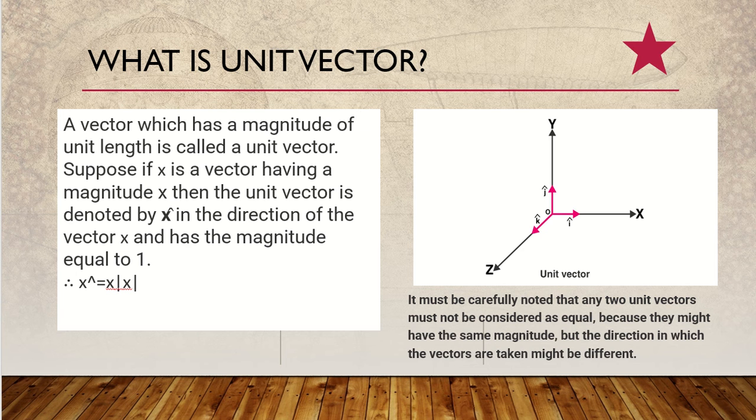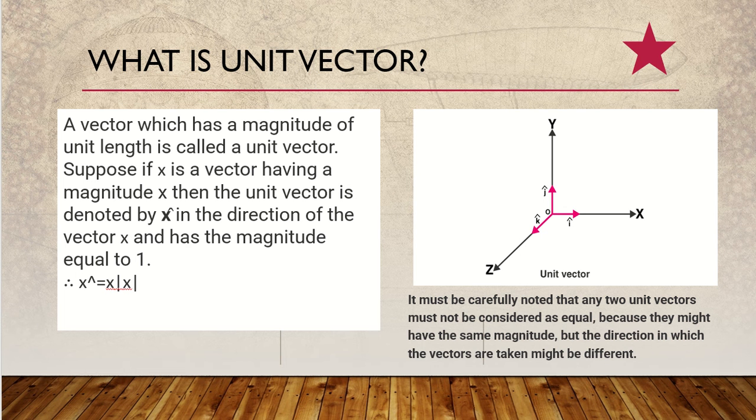In this picture, there are three axes: the x-axis, y-axis and z-axis. Along the x-axis, the unit vector is called i cap. Along the y-axis, the unit vector is known as j cap. Along the z-axis, the unit vector is known as k cap.